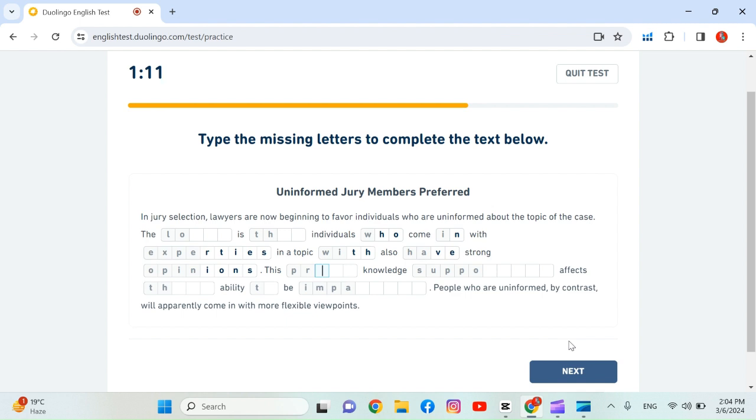This affects their ability to be impartial. This is hard.